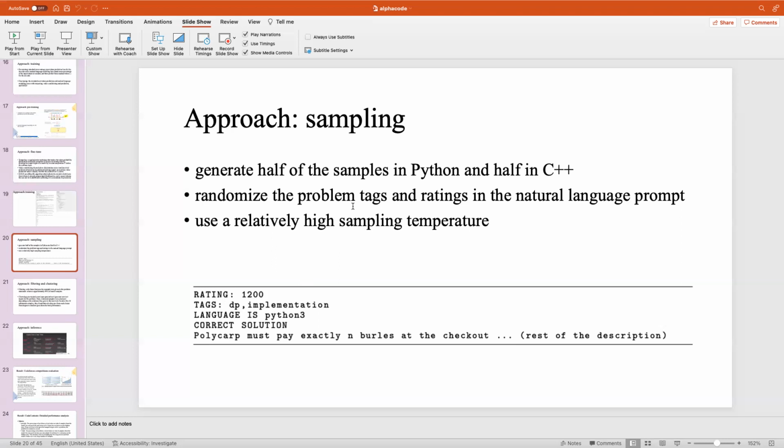In that way, the samples generated are more diverse and contain various possible solutions for the problem. So after sampling, we get about 1 million candidate solutions, and we need to narrow them down to only 10 candidate solutions.